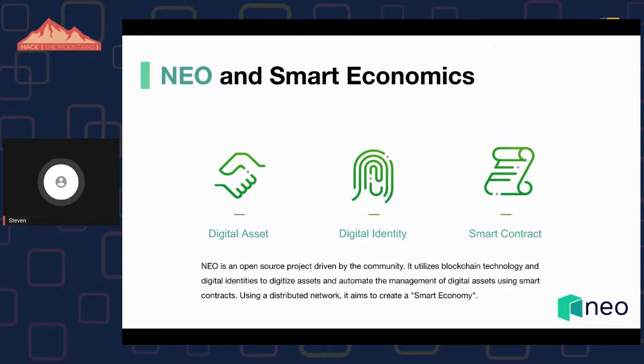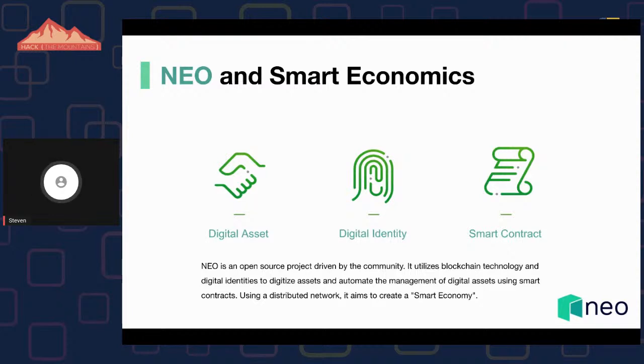Now let's talk about the Neo blockchain. I think Neo is very famous. Maybe you have heard a lot about it before. We began Neo in 2015 by our founders, it was open sourced from the beginning, and it's globally developed.